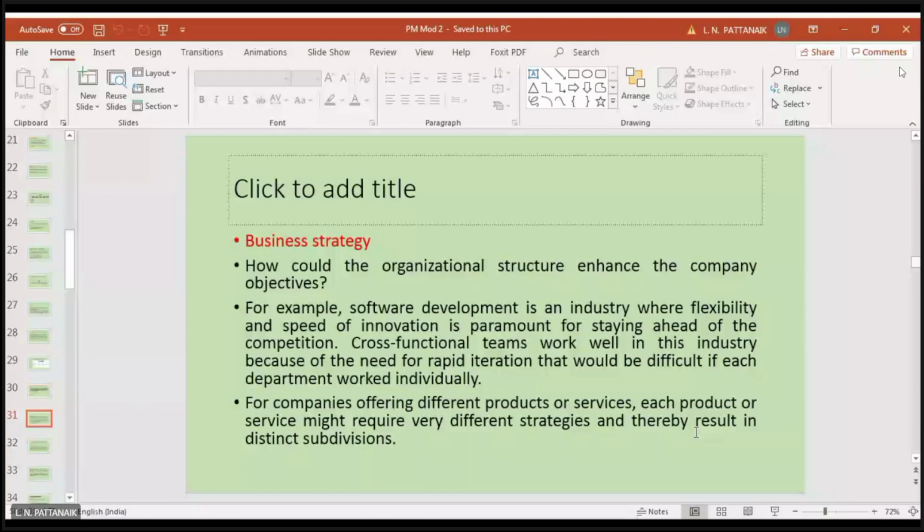For companies offering different products or services, each product or service might require very different strategies and thereby result in distinct subdivisions. There is another example: suppose a company is dealing with a variety of products or services where each is of completely different nature and needs a different kind of approach or strategy for its success. So you cannot club all together; you have to isolate them.